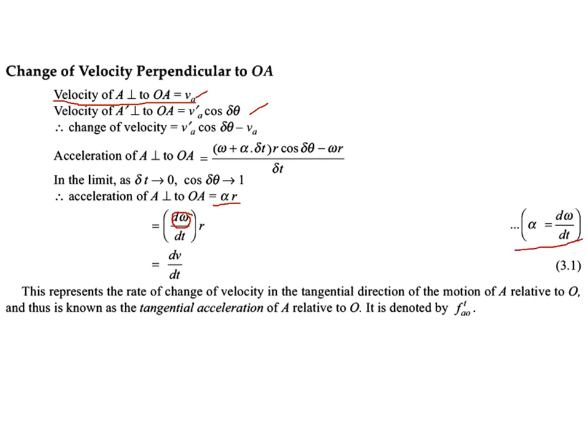So d omega by dt into r, and omega into r is the velocity, so it becomes dv by dt. This rate of change of velocity in the tangential direction of the motion of A relative to O is known as the tangential acceleration of A relative to O, and this is denoted by f_t^AO.